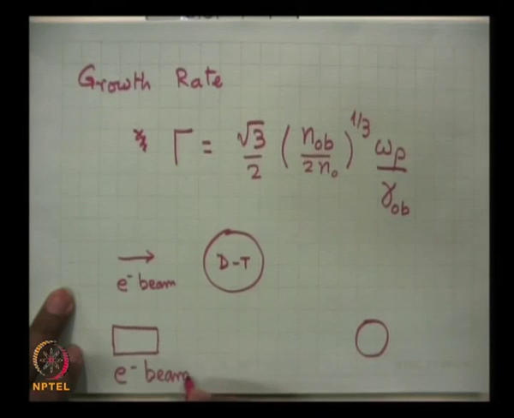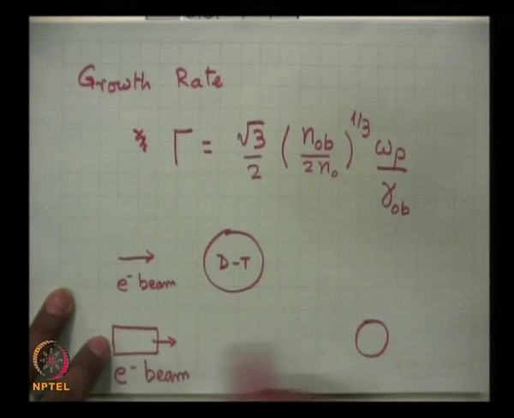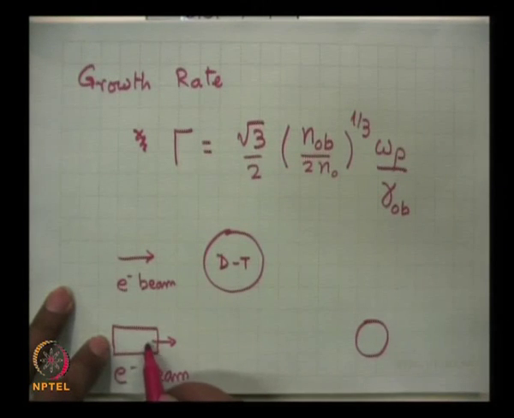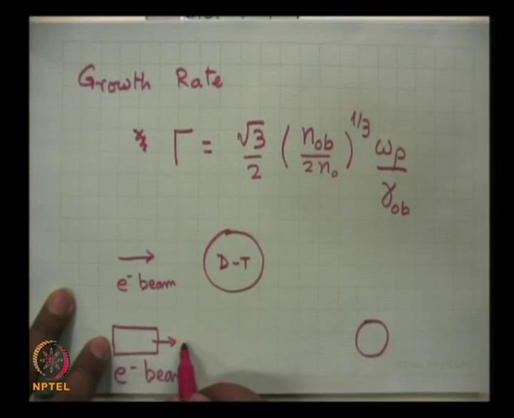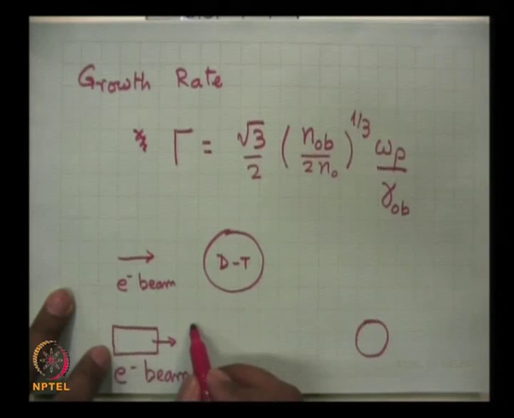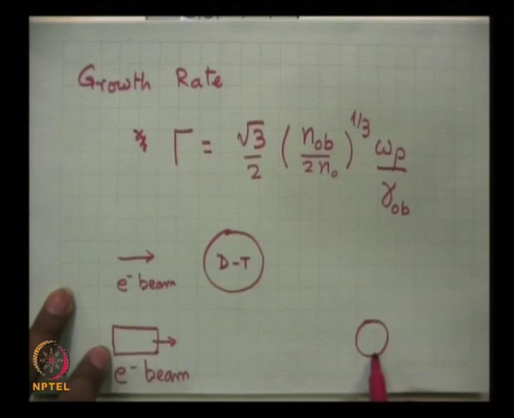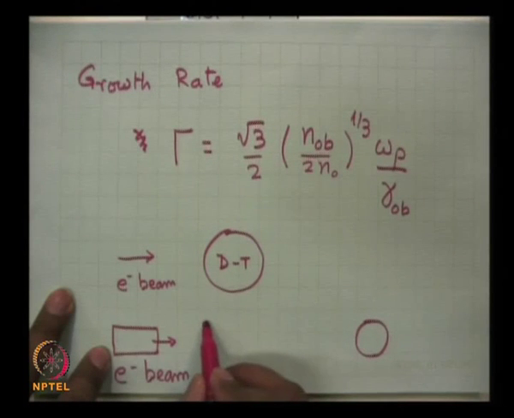The electron beam is coming out from there, and this is the delivery point. If you launch a high current beam over the distance between these two, then the beam will diverge because of electrostatic repulsion. Electrons are negatively charged entities, they will repel each other. So what has been found is that if you have to transport a beam from a source to a delivery point, you must pass it through a plasma.